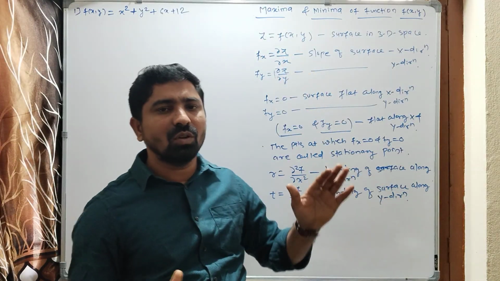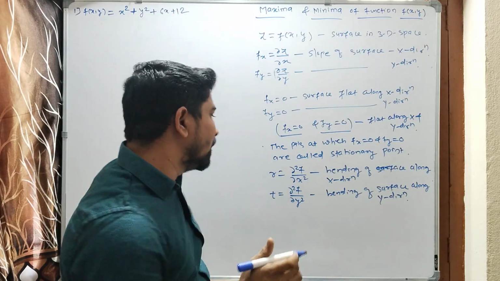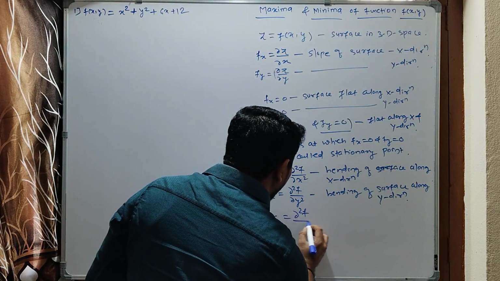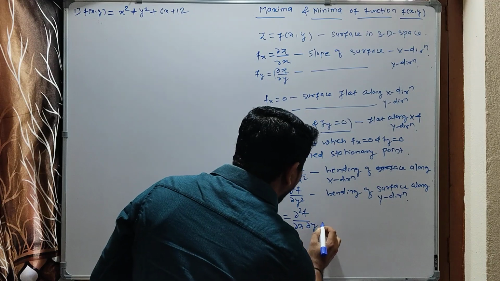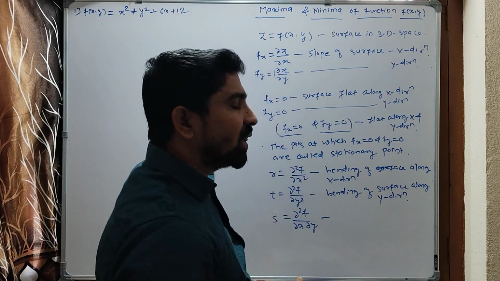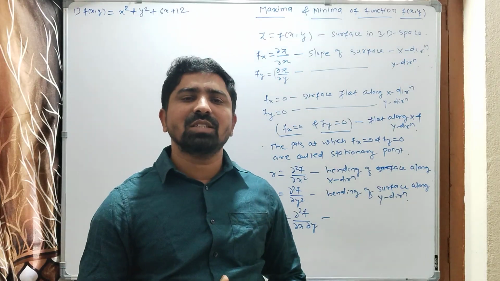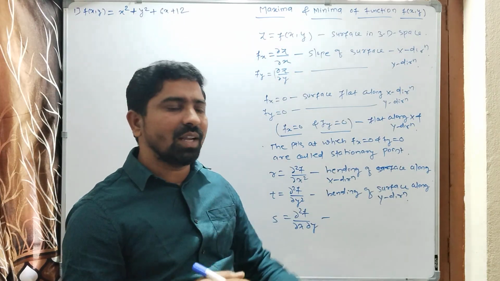What about both x and y direction? So here this is the quantity where s equal to dou 2f by dou x dou y, which represents the twisting of my surface along x and y direction combined.